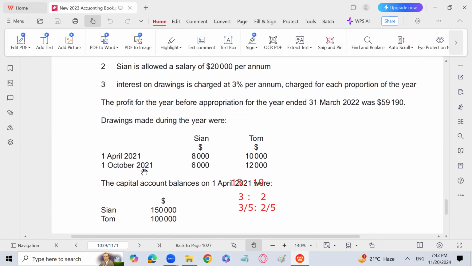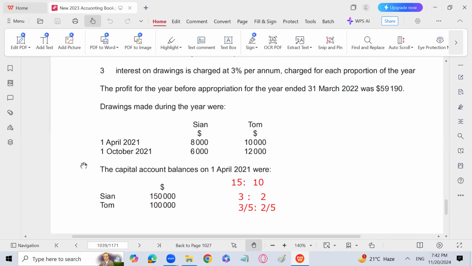So from April to October, the drawings were for S 8,000 and for T 10,000. But from October to March, for 6 months, the drawings of S is 14,000. 8,000 which he has withdrawn in the previous 6 months, and in the next 6 months he has drawn more 6,000. So the total drawings for the next 6 months is going to be 14,000 for S, and for T 10,000 for the first 6 months, but in the last 6 months it is 22,000, including 10 and 12,000. So that is 22,000. Okay.